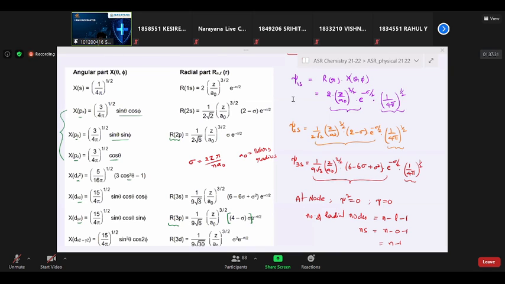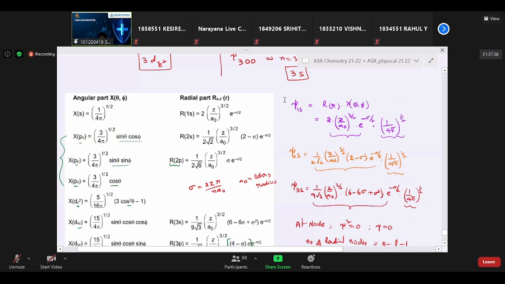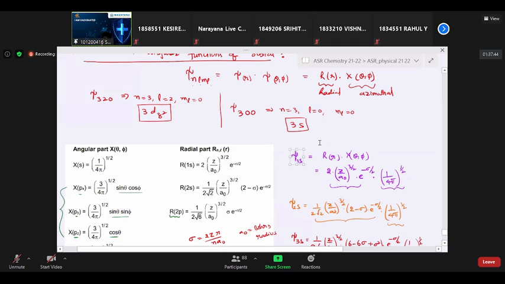So to give clarity over this point, see, if you are trying to write the wave function of 1s, it is the product of the radial part and the angular part. What is the radial part of 1s? 2 into Z by a naught power 3 by 2 into e power minus sigma by 2. And what is the angular part?